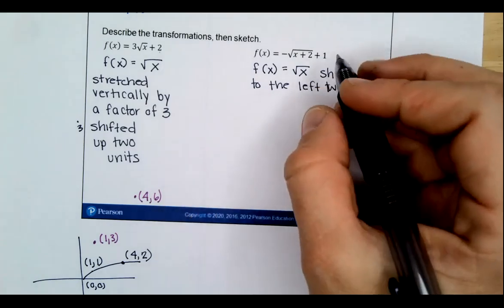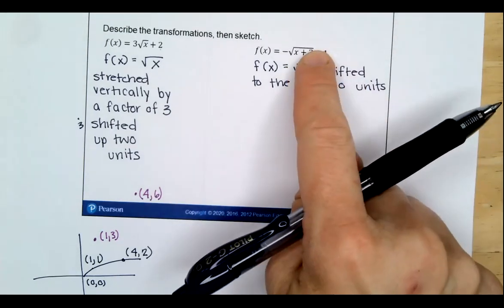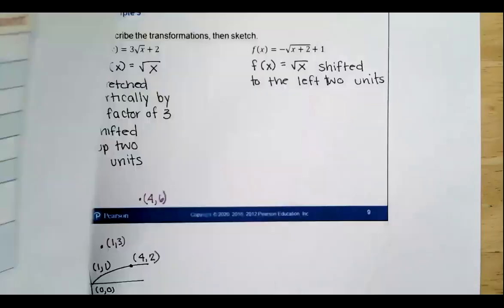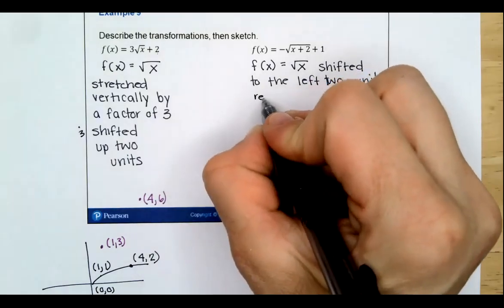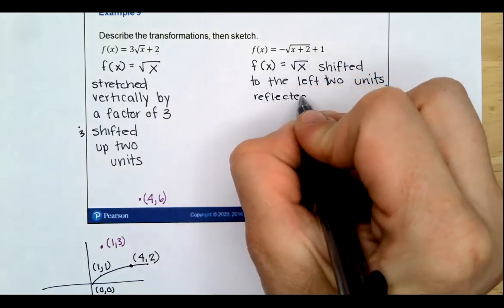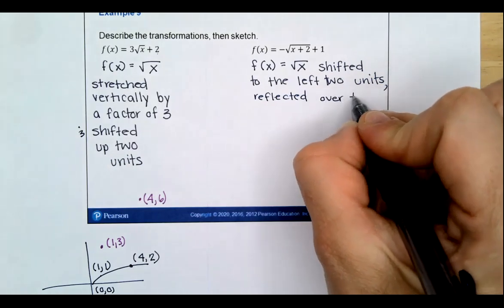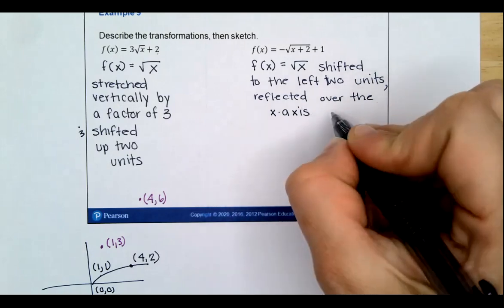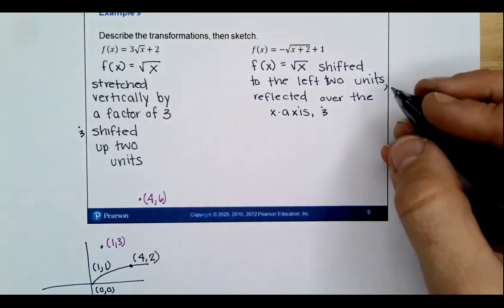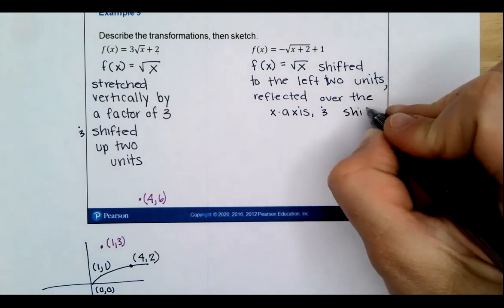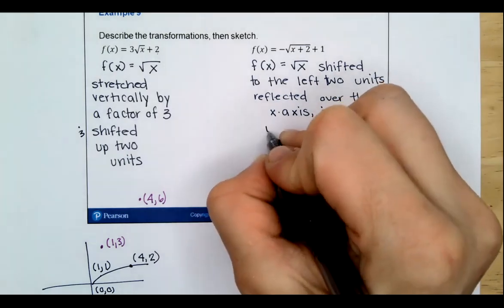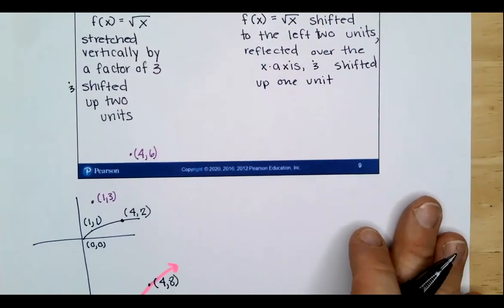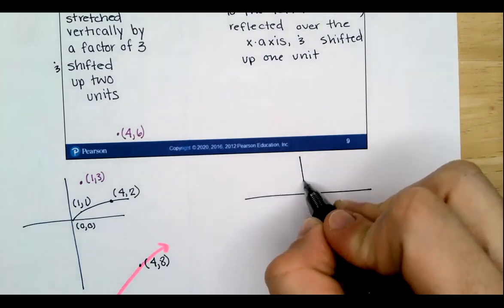Shifted to the left 2 units. What does the negative sign outside the grouping symbols mean? Reflected over the x-axis. And shifted up 1 unit.